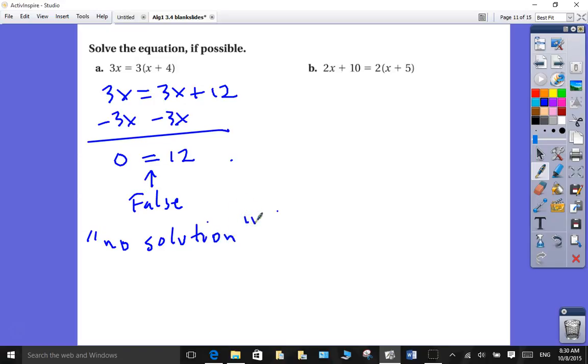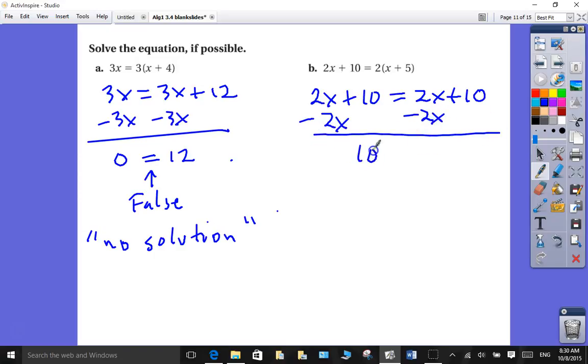Now, the one on the right: 2x plus 10 equals 2x plus 10. Again, I can subtract the 2x's from both sides, and I get 10 equals 10. At that point, I can tell you there's no variable involved, so our answer does not depend on the value of the variable.